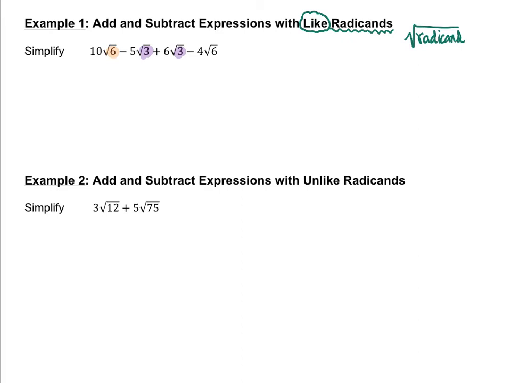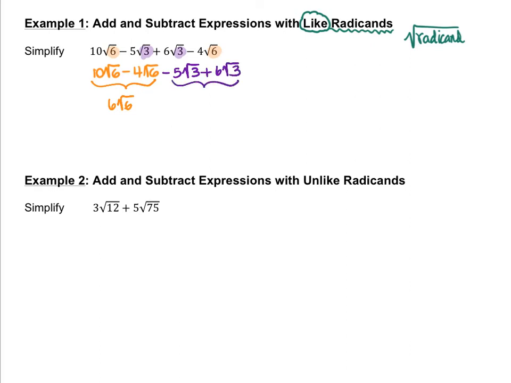So you can see how I have kind of figured out which ones are like terms, and so we're going to combine those. We've got 10 times the square root of 6 minus 4 times the square root of 6, giving us 6 times the square root of 6. Then we turn to our square root of 3 terms, and we have negative or minus 5 times the square root of 3 plus 6 times the square root of 3.